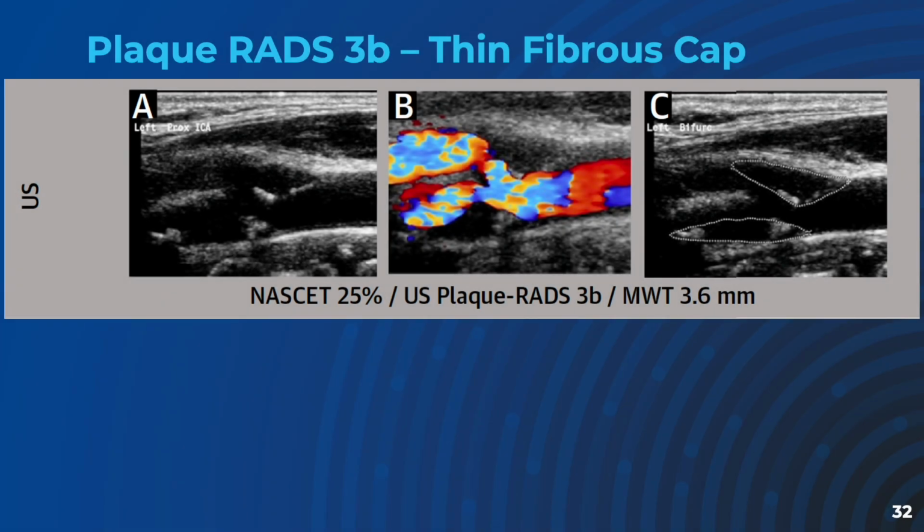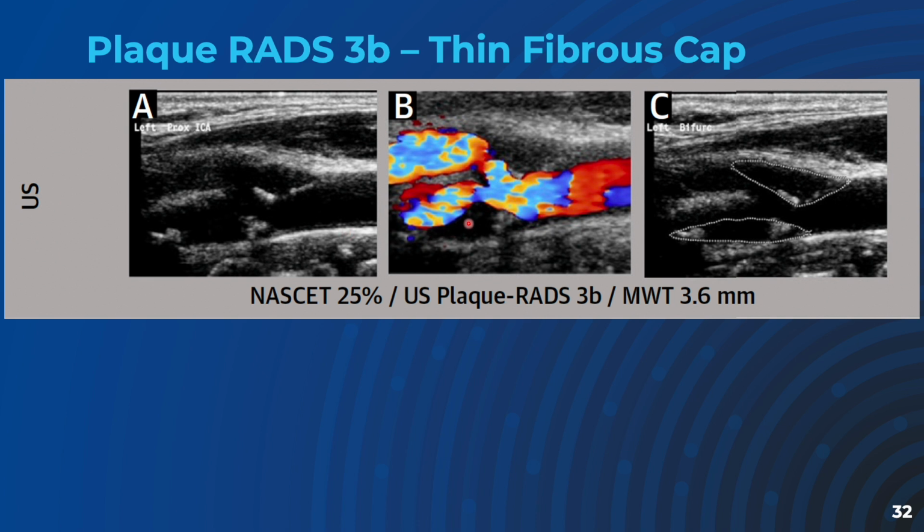So Plaque-RADS score of 3B means that the fibrous cap is really hard to see on ultrasound. And here's an example. This is a plaque that has hyperechoic regions as well as hypoechoic regions. The authors use a term, JBA, juxtaluminal black areas, because on B-mode imaging, it's really hard to visualize the plaque.